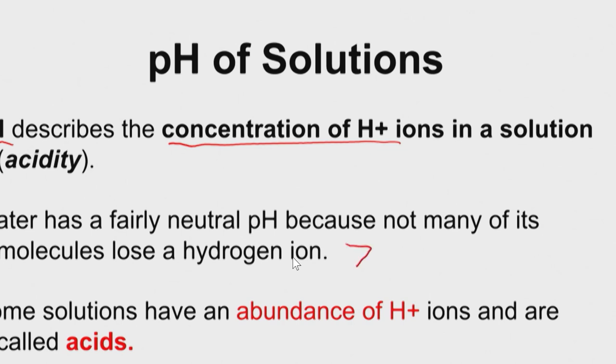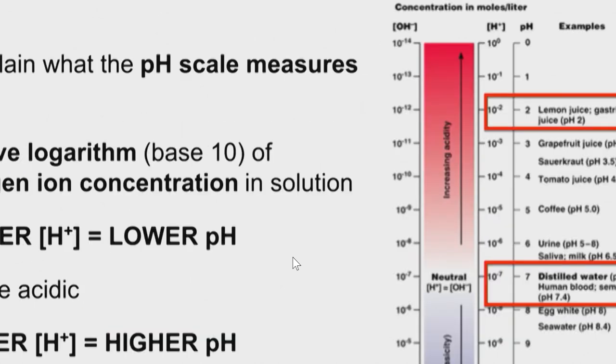Water is at neutral pH, sitting right in the middle, so it has a pH of 7. If we have a solution with an abundance of H plus ions, we say that it is an acid. And if it has an abundance of OH minus, we say that it is a base, just as we just introduced.